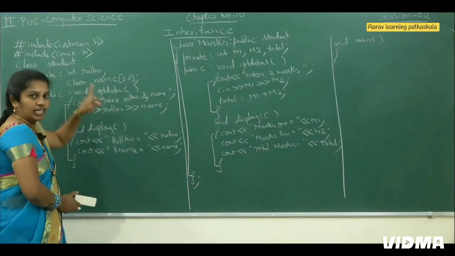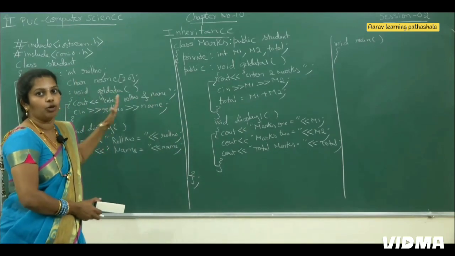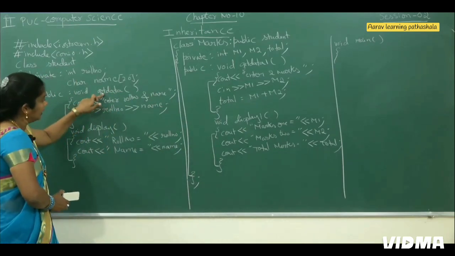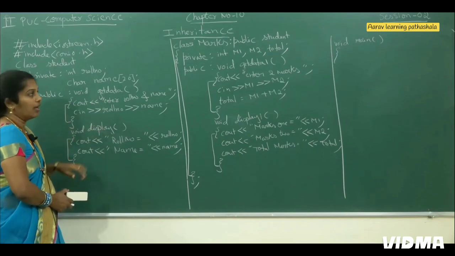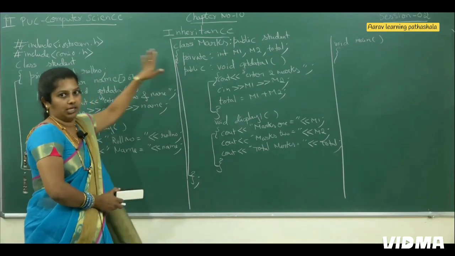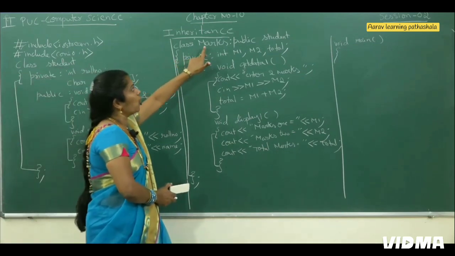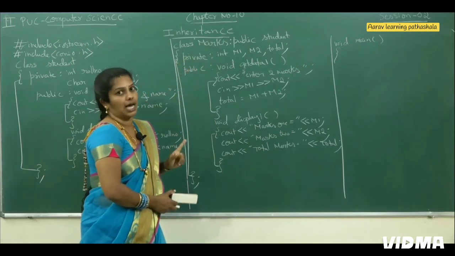If you create an object for student and access through it, only the get data and display functions you can use. If I want to use all the functions, then you have to create the object for the marks class.